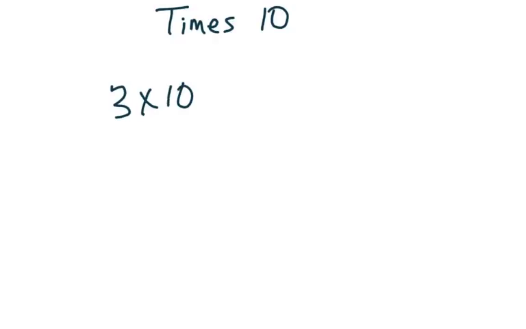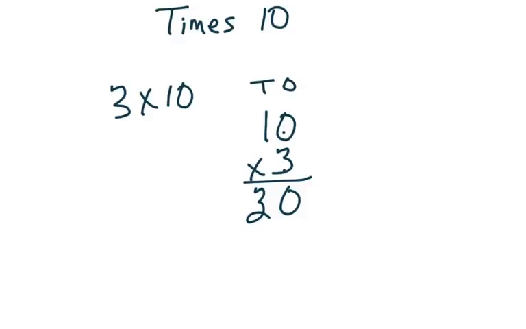And usually when I multiply by a power of 10, one of the things that I do is I always kind of go vertical with this instead of going horizontal. So for 3 times 10, I always do this by place value.